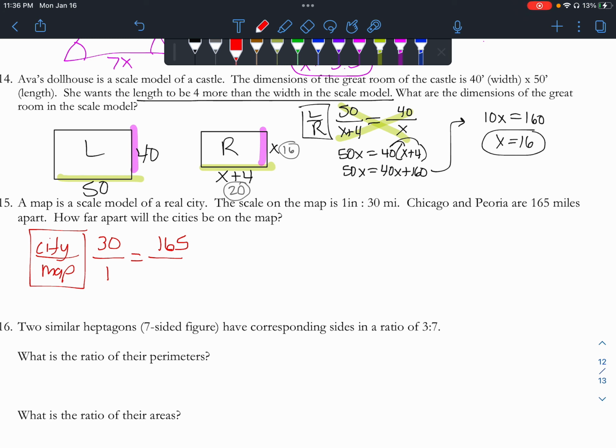We should have x at the bottom there. Cross multiply. You end up with 30x equals 165. After you divide, you don't get a perfect number, but you do not get a terrible number. It should just be 5.5 inches apart from one another.